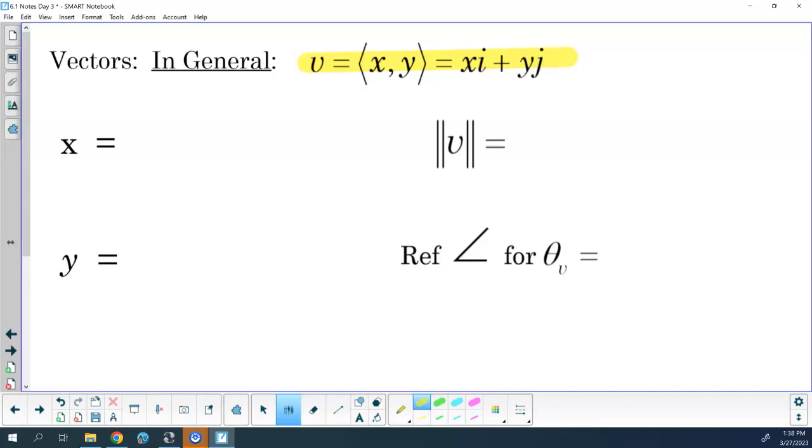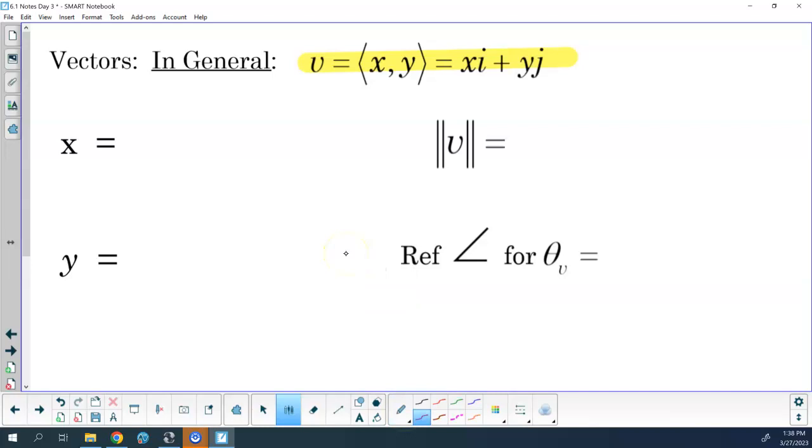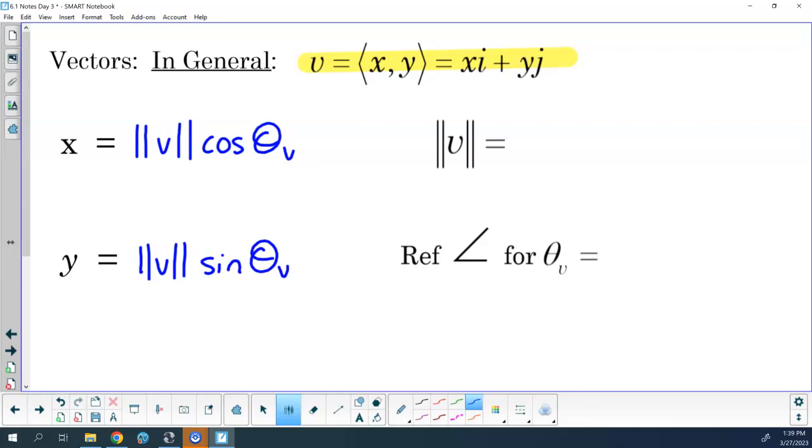Either way, this should be filled in on your sheet already. We talked about this on the Friday before spring break. x is the magnitude of v times the cosine of the direction angle. y is the magnitude of v times the sine of the direction angle.